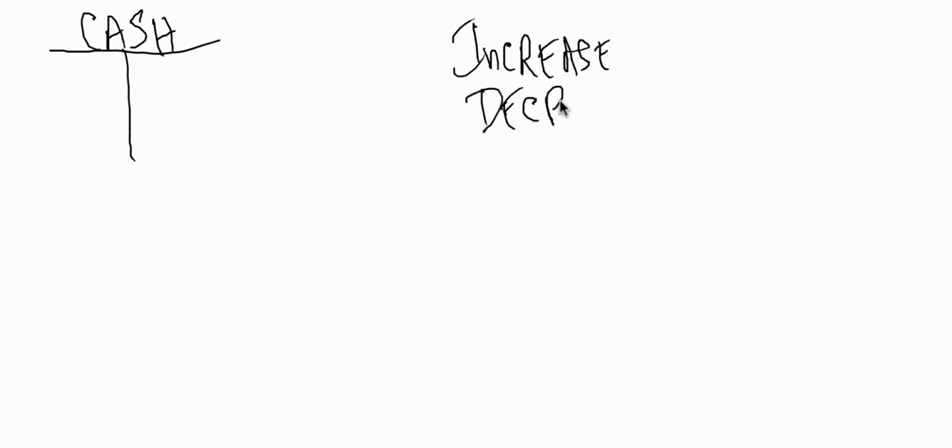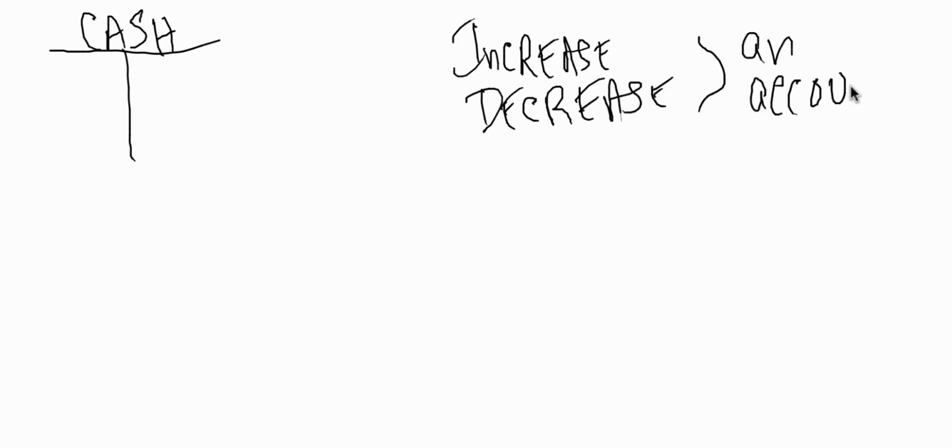But what I want to talk about right now is increasing and decreasing an account, because that's what debit and credit is going to do. Those are R's, by the way.